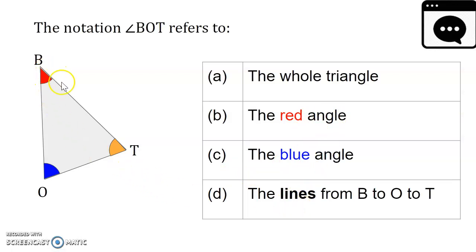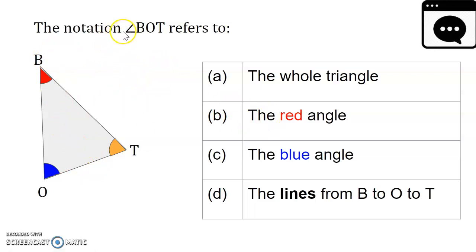Okay, if we're talking about lines from B to O to T, those are sides, so we wouldn't use three letters for that. Okay, and if I was to talk about the whole triangle, I would have a triangle symbol, not that angle symbol. So if I wanted to talk about the whole triangle, I would say triangle BOT.